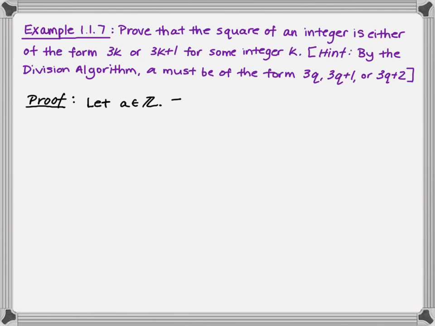So the division algorithm says that if I divide a by 3, I get the following result. So let's say division algorithm with b equaling 3 gives the following.